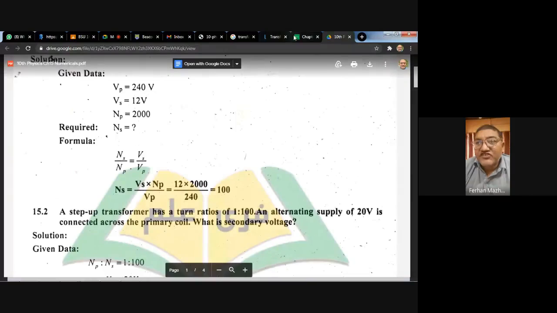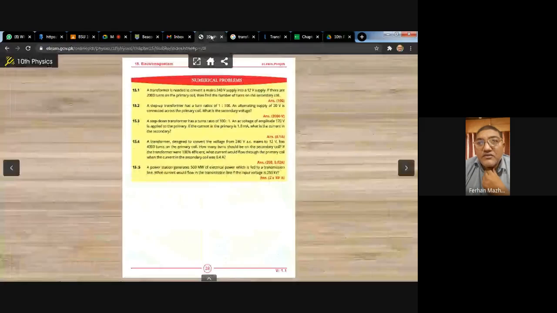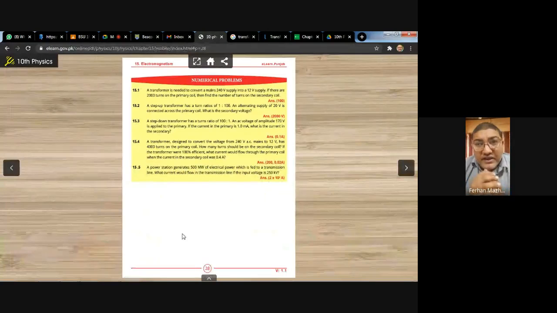So let's move to the next numerical. Numerical number 15.2. A step-up transformer has a turn ratio of 1:100. Okay, so try to understand this statement. A step-up transformer has a turn ratio of 1:100. What does this mean?